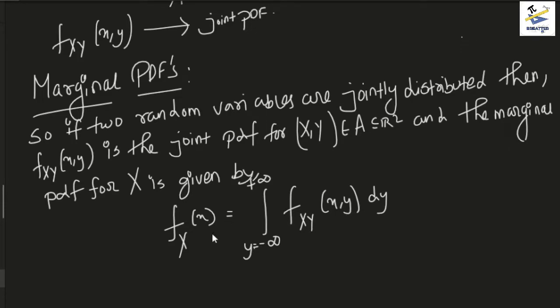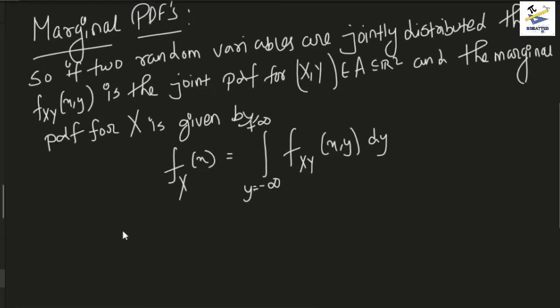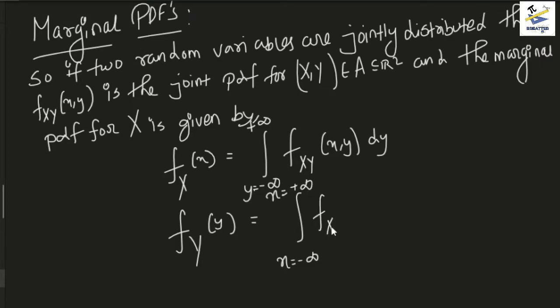So if you are willing to find out the marginal PDF for x, what we are going to do is we are going to integrate over y. Similarly, for y. So these are called the marginal PDFs.